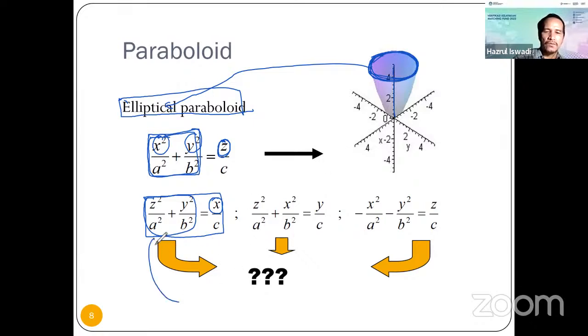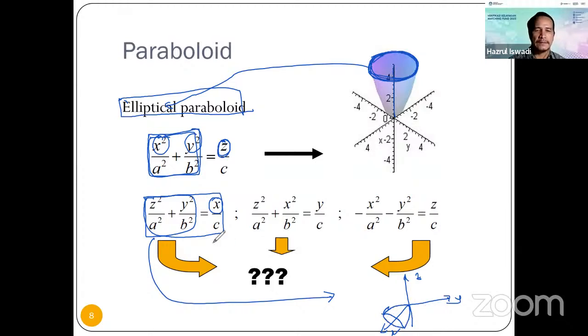To draw this equation, this is the x-axis, this is the y-axis, and this is the z-axis. So the picture will be like here. This is the picture of this equation.